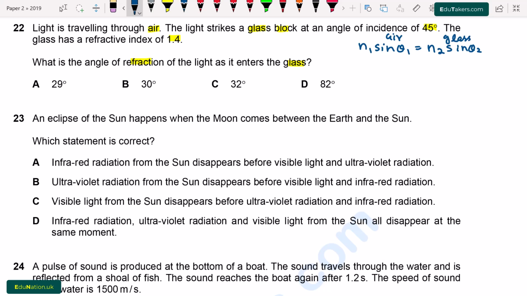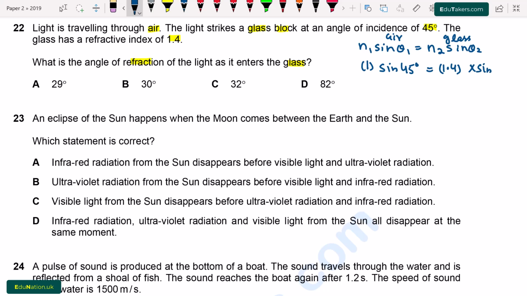So here we have to find out the angle of refraction, and the incident ray is in air. So I write here the refractive index of air is 1, and sin theta 1 is basically the angle of incidence, which is equal to 45 degrees. And n2 is given, the refractive index for the glass, 1.4, multiplied by sin theta 2.